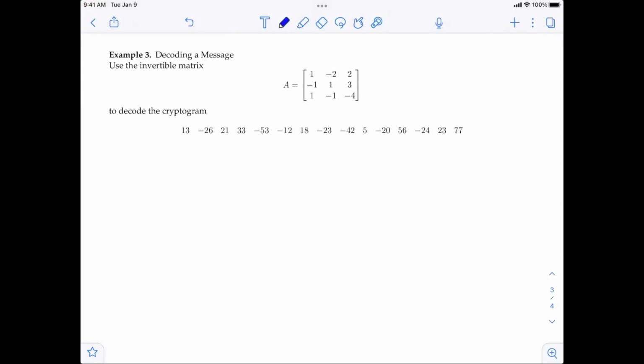So first, we need to find the inverse matrix of A by using the Gauss-Jordan elimination method.